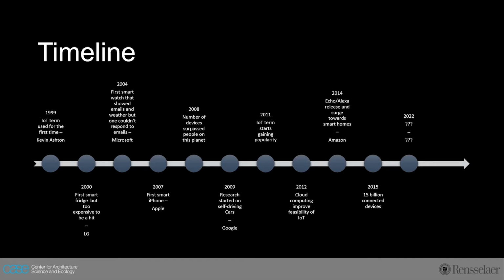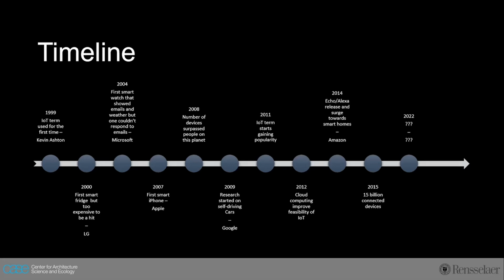2004 was the year when we got our first smart watch that showed emails and weather. It got live data, but we couldn't respond to those emails. 2007 was the year we got our first smartphone. Now we cannot imagine our lives without a smartphone, not for a day, not for an hour, but life was a different story before 2007.